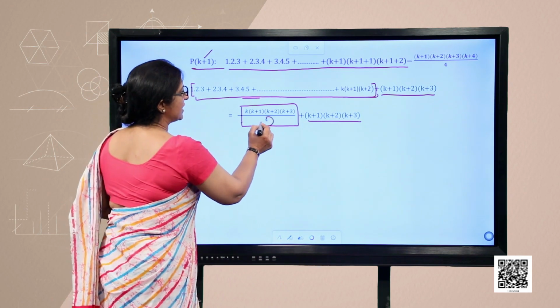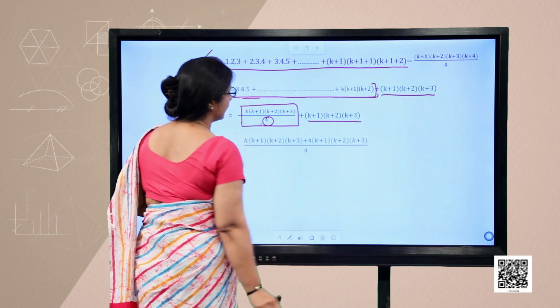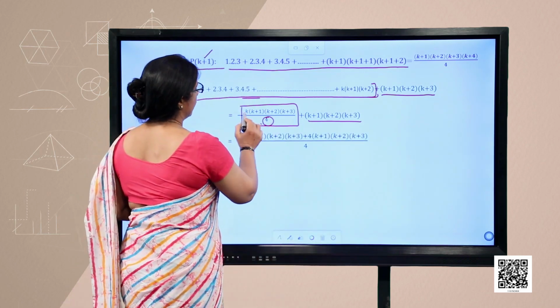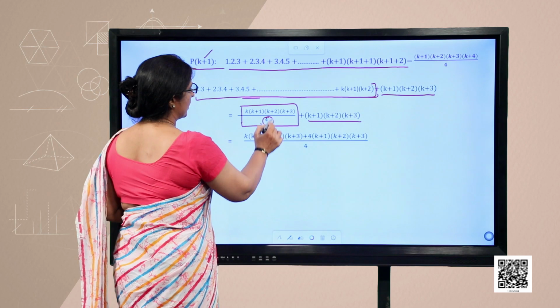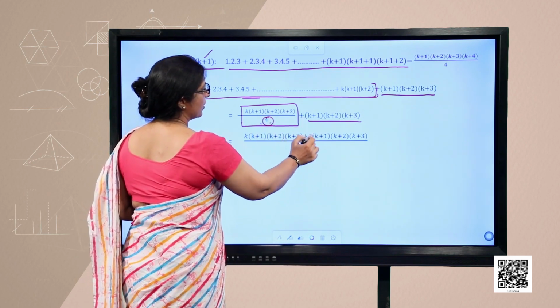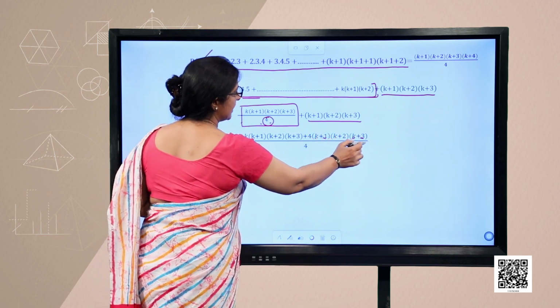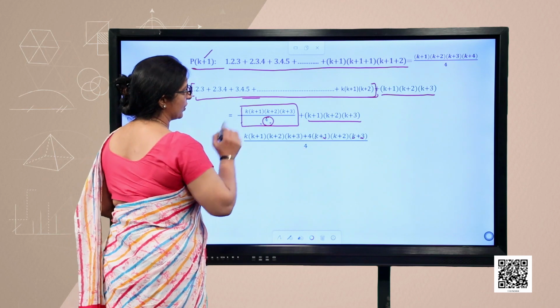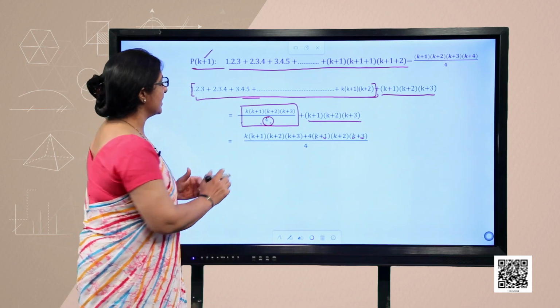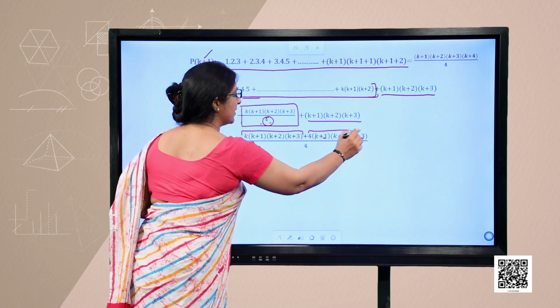Now, after taking 4 as LCM, this will go there and we can write this expression as k into k plus 1 into k plus 2 into k plus 3 plus 4 into k plus 1 into k plus 2 into k plus 3, whole divided by 4. Now, what can you see here in these two expressions? Can you see anything common here?